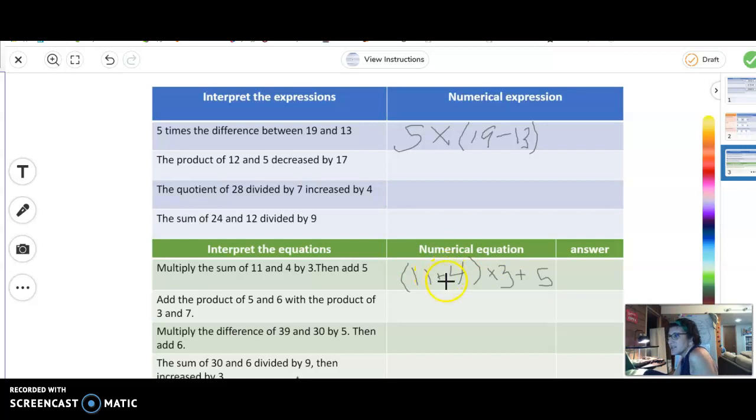So 11 plus 4 is 15 times 3 plus 5. Then, according to my order of operations, 15 times 3 is 45 plus 5. And my answer is 50.